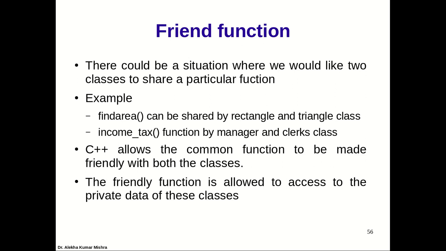So a friend function is a function outside the class. A friend function is not a family member. It's an outsider, but has access to all the things inside the family, meaning private data members. It's a function outside the class which has access to the private data members. Why? Because he is a friend.